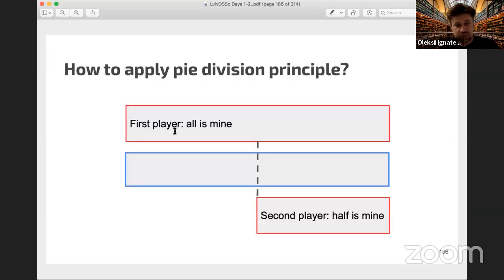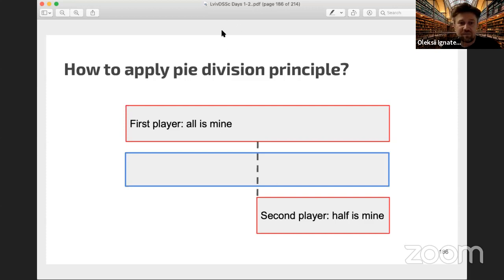We have a cloth here. It's like 1 unit. And the first player says that all this unit is mine. For example, I was first who found it on the road. And the second player says, no, we found it at the same time, so I pretend to half of this.